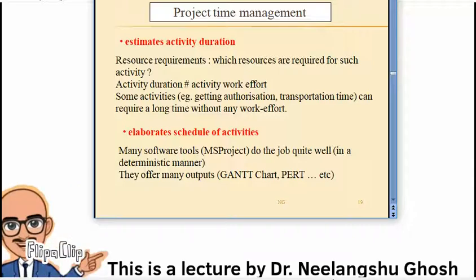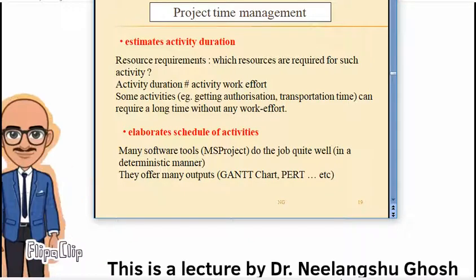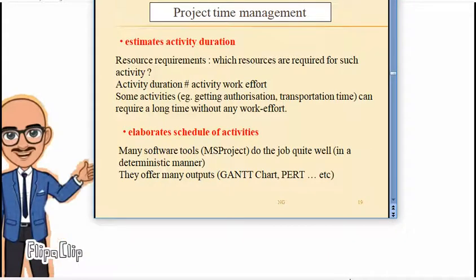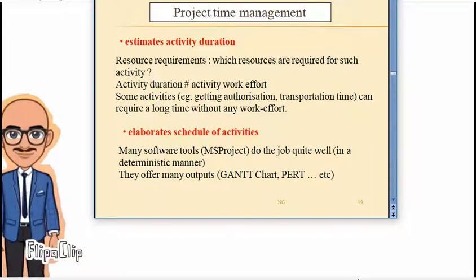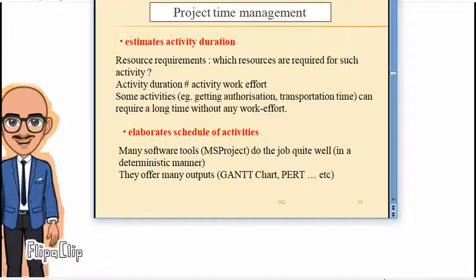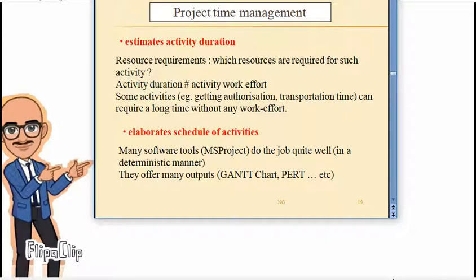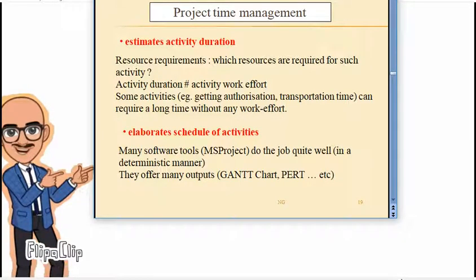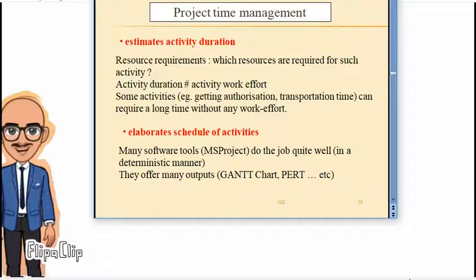Some activities take a longer time than expected, like authorization. As I was giving the example of making your own house, you have to draw a plan and pass the plan from the municipality, and it may take a little bit more time.